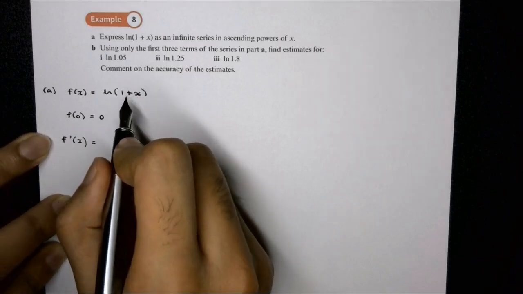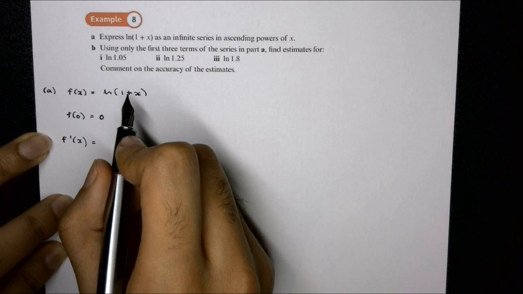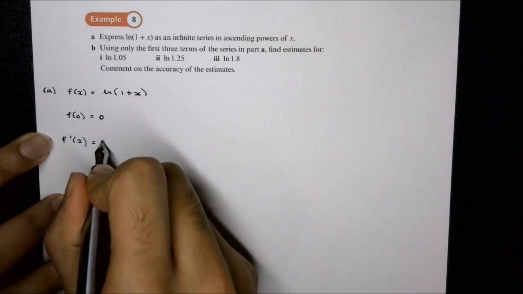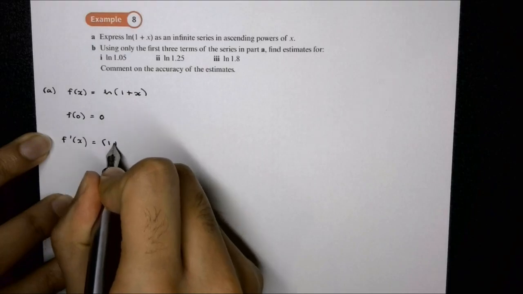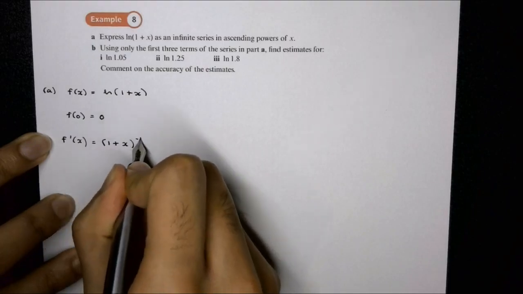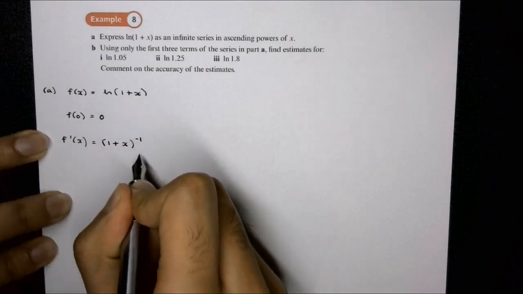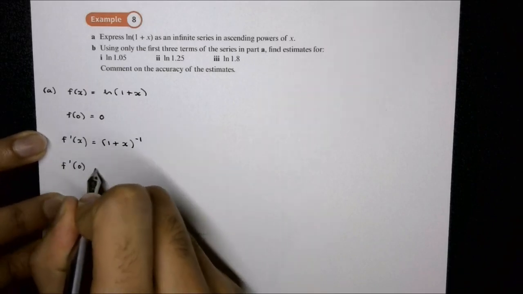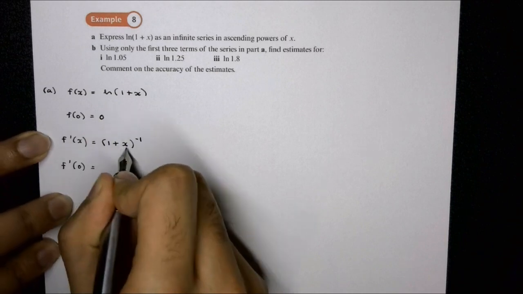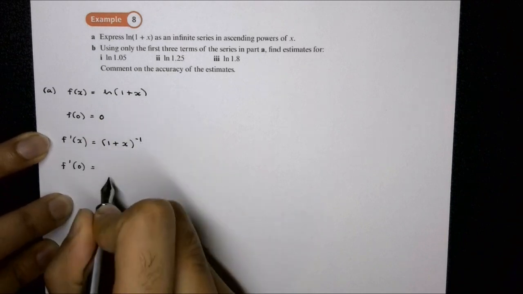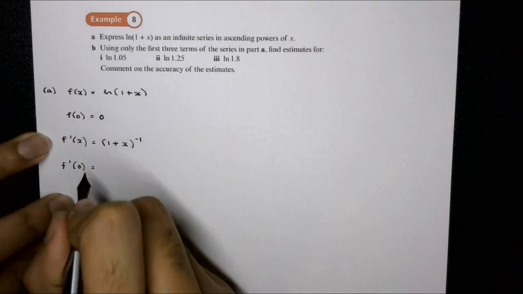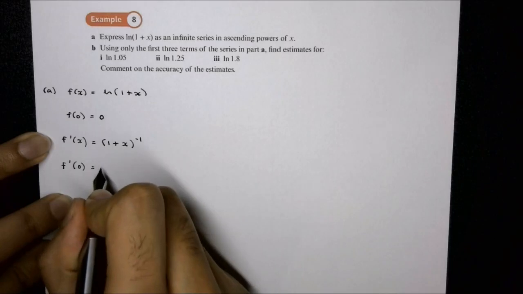So we end up with 1 over 1 plus x, which we can rewrite as 1 plus x to the power of minus 1. And if we work out f dash of 0, you'd find we get 1 plus 0 all to the power of minus 1, which is equal to 1.